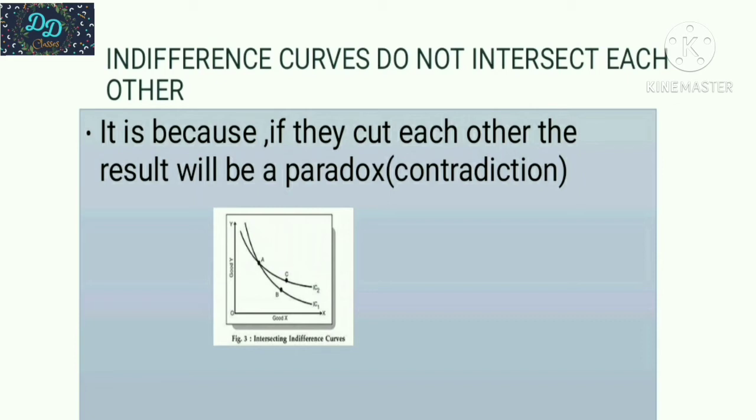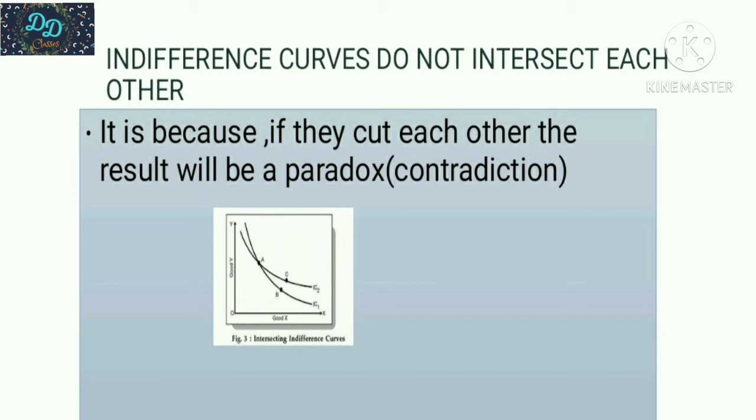There are also two points A and C on indifference curve 2, that is A equals C. If A equals B and A equals C, B should also be equal to C. But B lies on a higher indifference curve than point C. This is the fourth property of indifference curve.